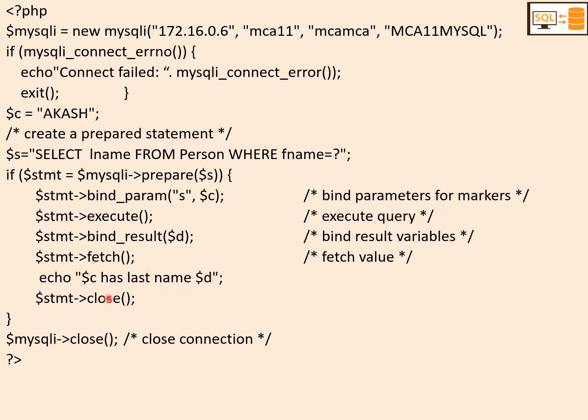So $C is the first name and $D currently has the result from the table, so that will be displayed. Then statement close means the execution of the prepared statement is closed. After that, the connection is closed by using the mysql close function. So this is just an example of prepared statements in PHP.